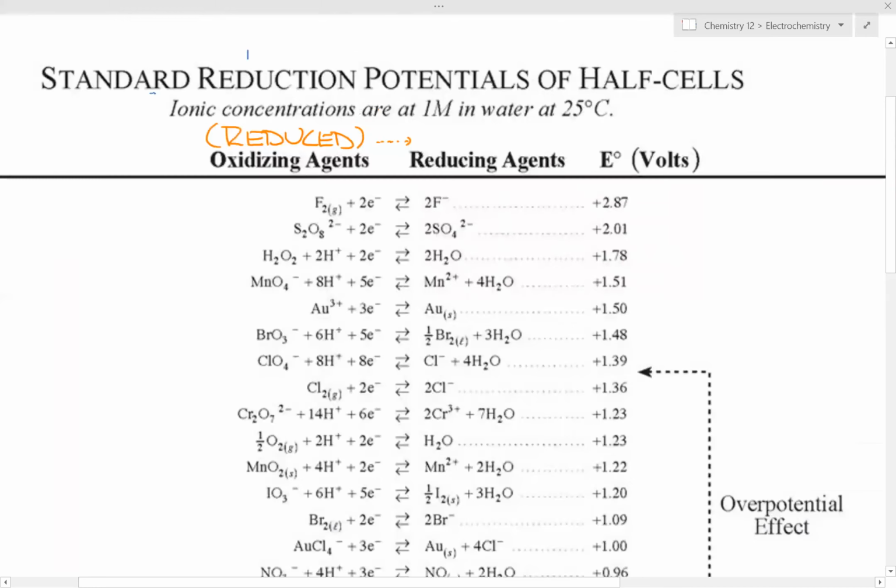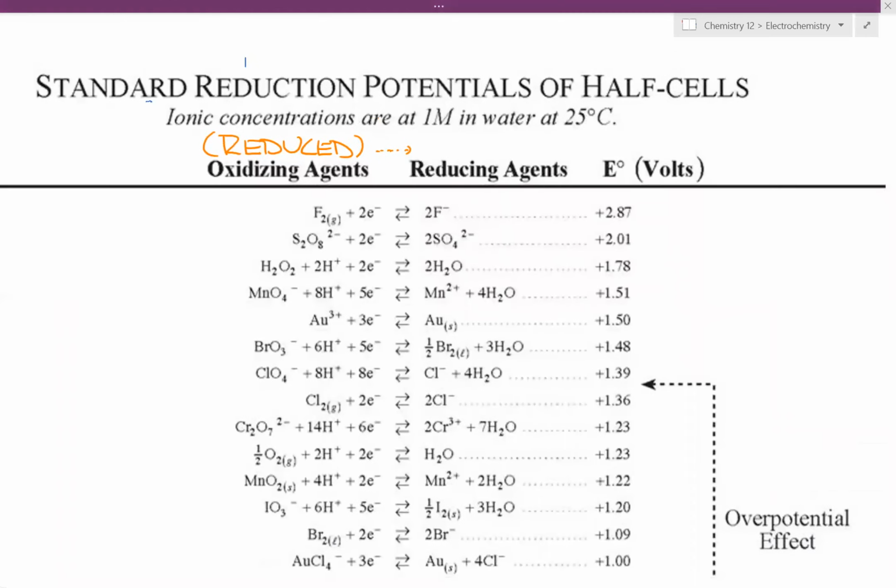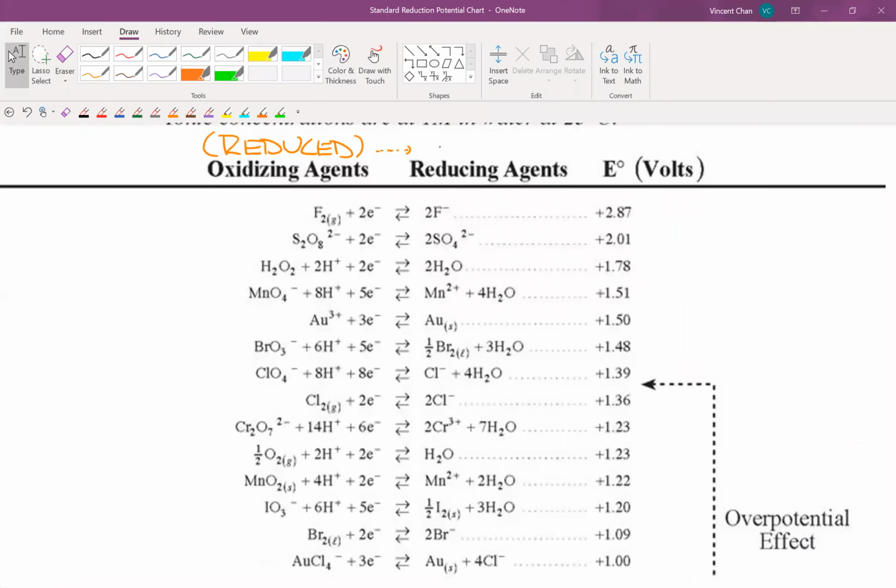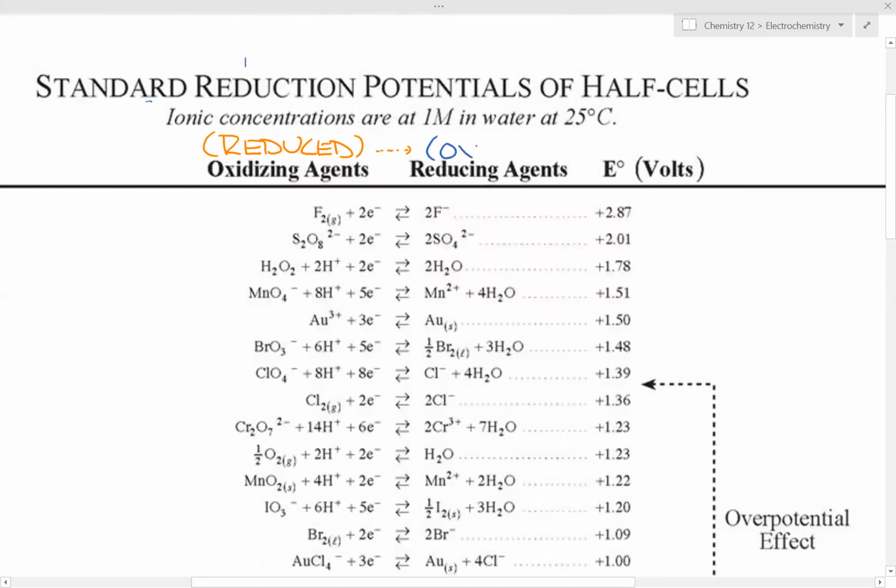Reducing agents are substances that get oxidized, and on this table, we read from right to left. Species getting reduced, you read from left to right. Species getting oxidized, read from right to left.